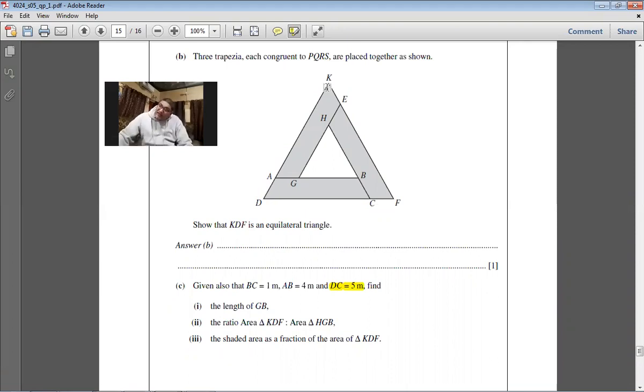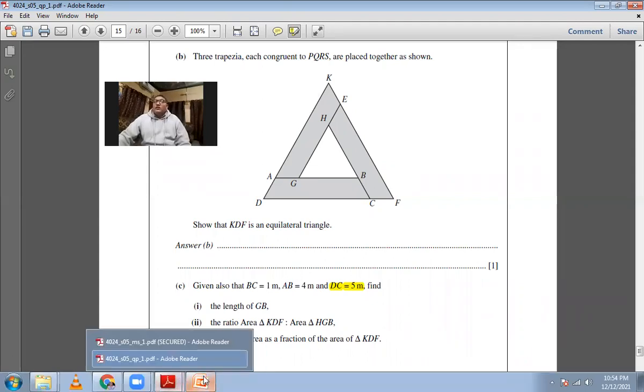The KDF in the ratio is 4, and the area of this internal white triangle is 1. So the area of the shaded part in terms of ratio will be 4 minus 1, 3. So the shaded area ratio to the KDF, the full triangle, will be 3 to 4. So 3 by 4.